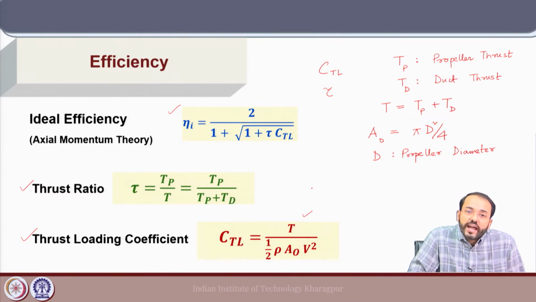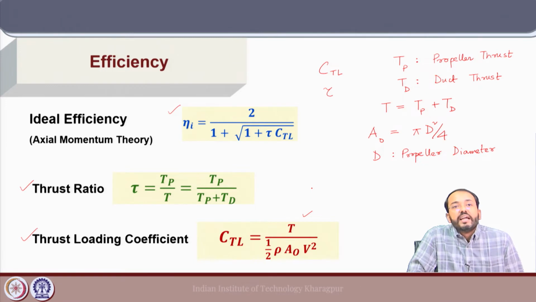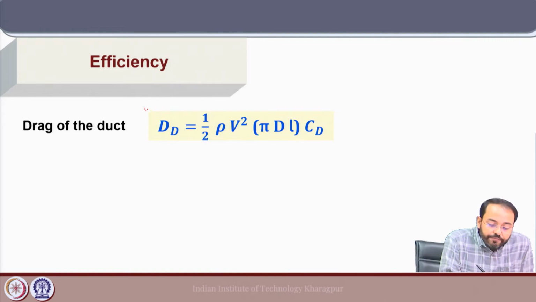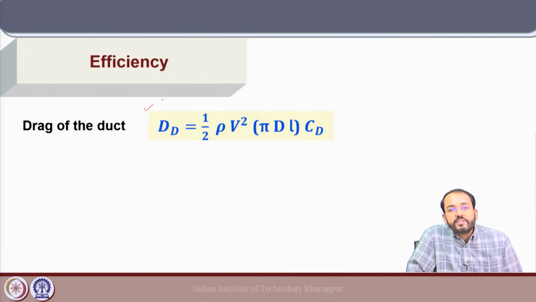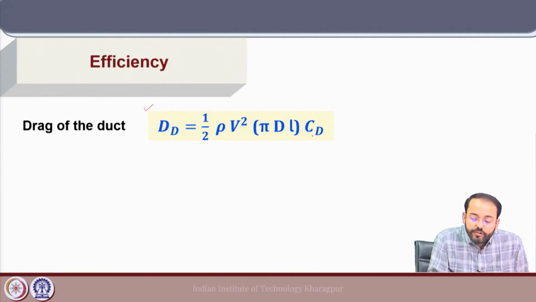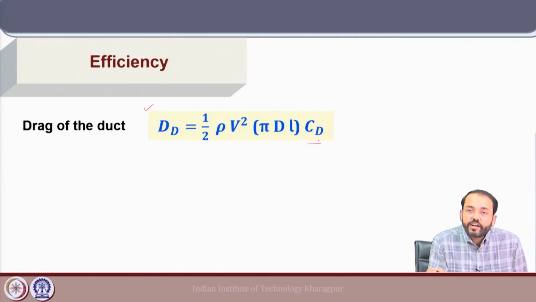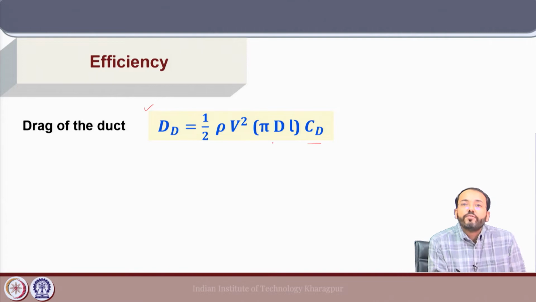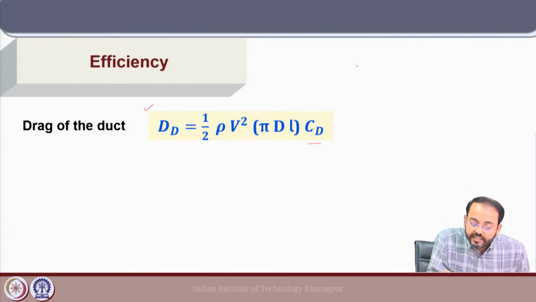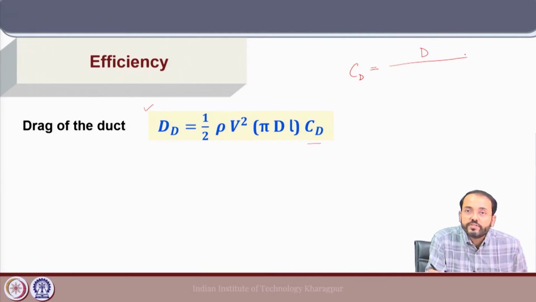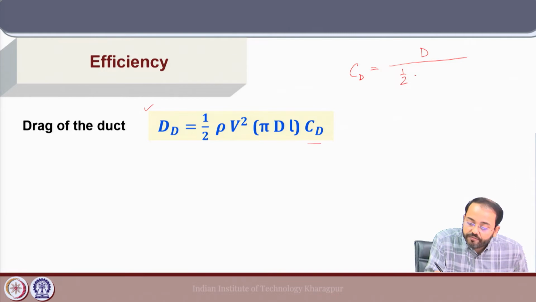We can use the drag force generated by the duct and calculate the efficiency of this ducted propeller system by including the drag. If Dd is the drag force generated by the duct, it will be CD, which is the drag coefficient, multiplied by half rho V square A, because the drag coefficient is defined by the standard drag force divided by half rho A V square.